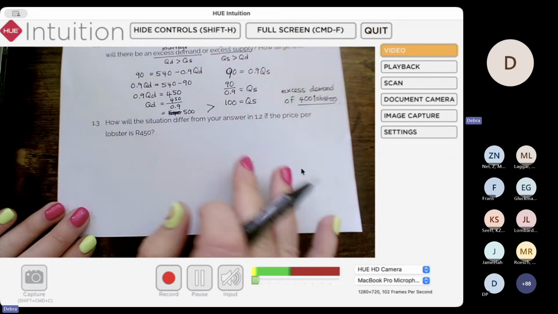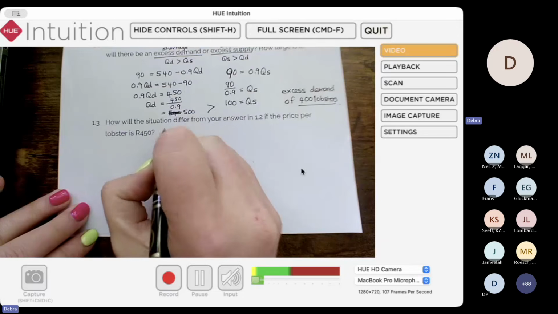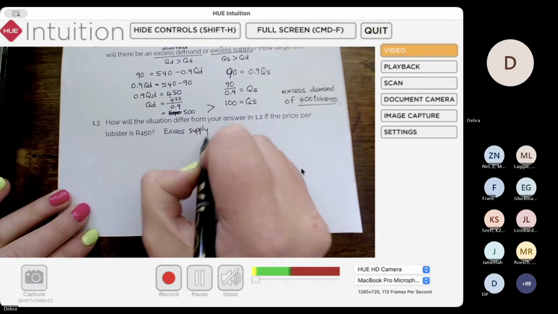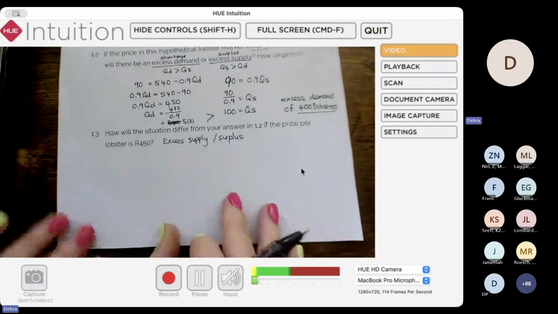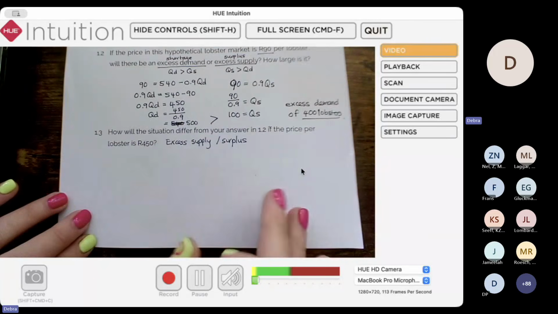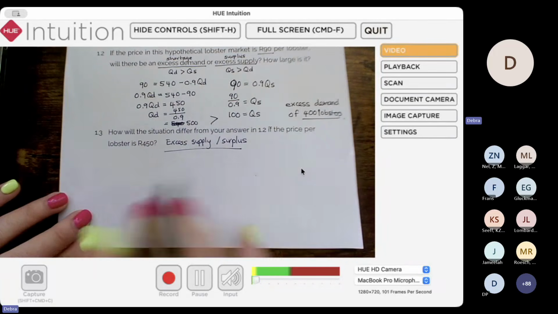So in this question, when it's asking how will the situation differ, we know that it would now be an excess supply or a surplus. Now, the question isn't being completely clear in whether or not they want the calculations from you, if they want exactly what the excess supply is, but I'm going to calculate it nonetheless.